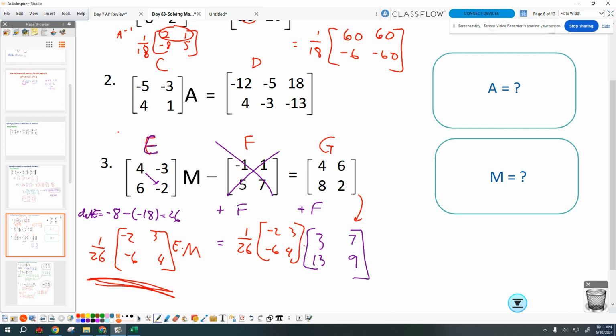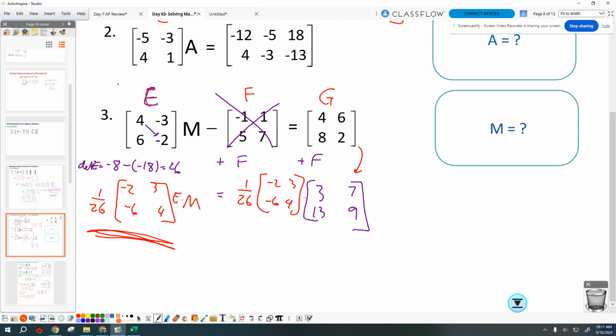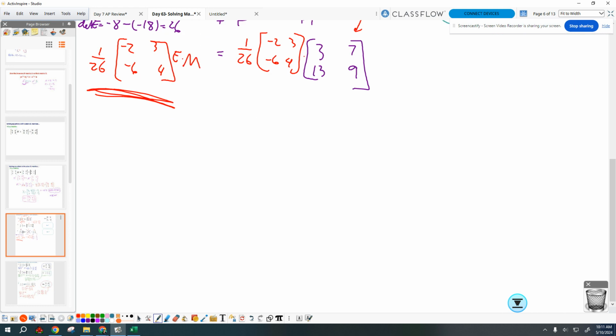You find the determinant, and then you also find the opposite switching thing. So you multiply 4 times -2 and 6 times -3, and you subtract 4 times -3. Then you have your fraction, and you move it to the other side, and now you're gonna multiply. Well, I would multiply the matrices first, but I don't know how to do all that by hand.